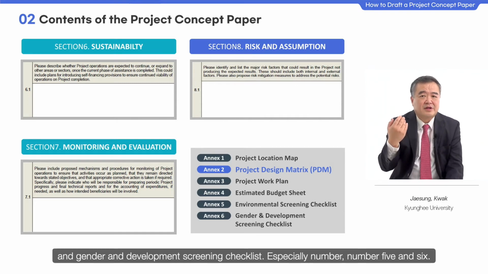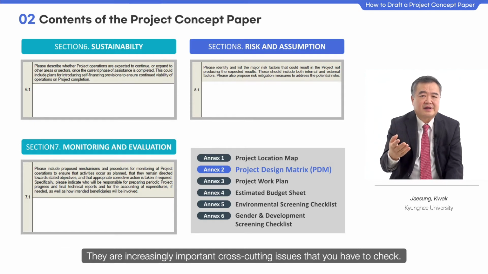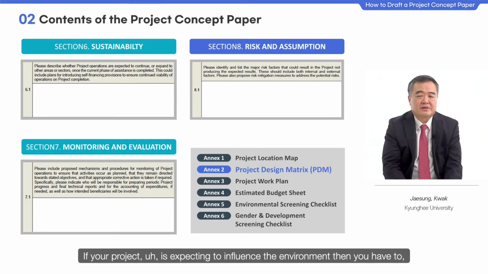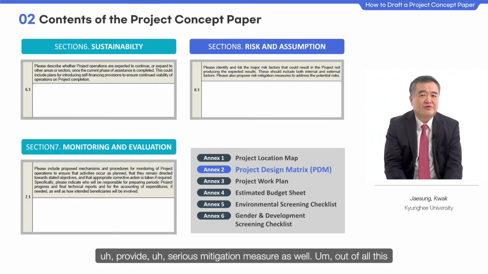Especially number 5 and 6 are increasingly important cross-cutting issues that you have to check. If your project is expected to influence the environment, then you have to provide a serious mitigation measure as well.